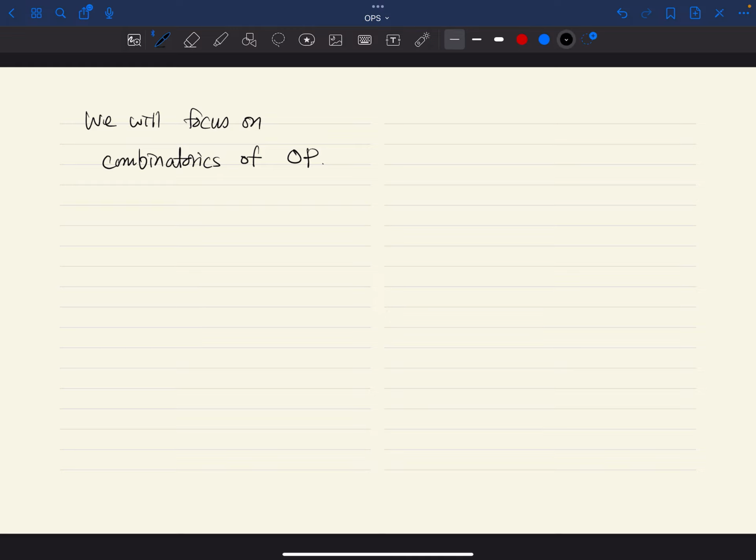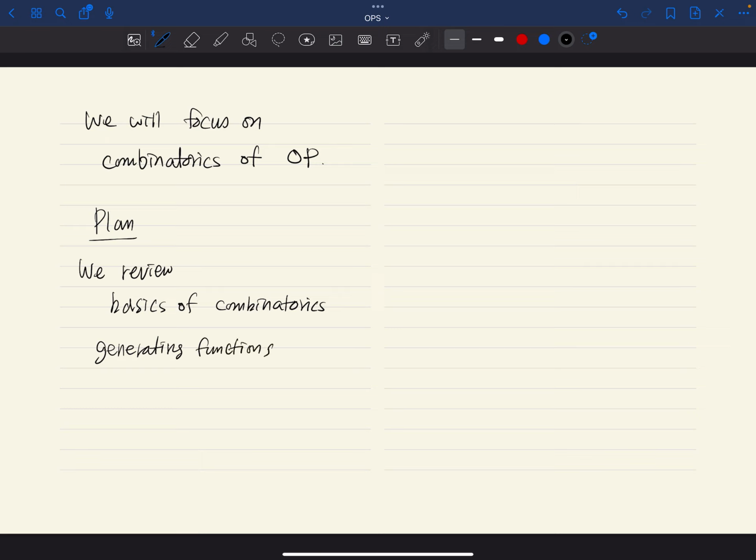So our plan is, because we need some basic knowledge of combinatorics, we will review the basics of combinatorics. It's like generating functions, which is basically formal power series, so we will define the notion of formal power series.